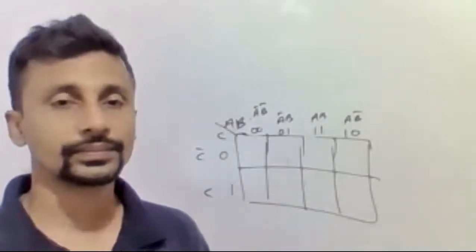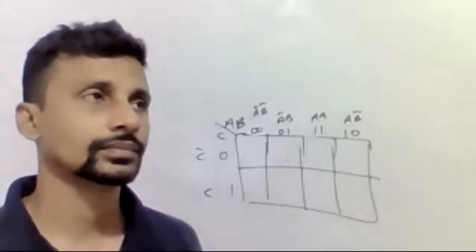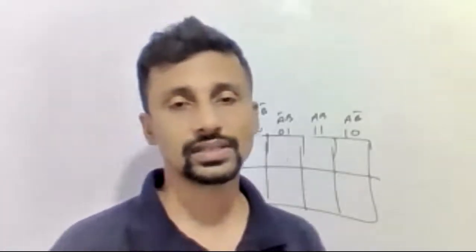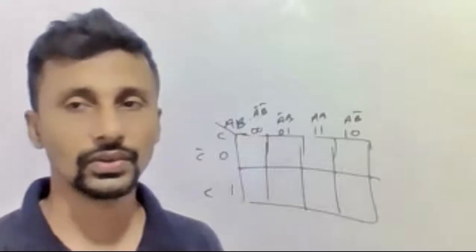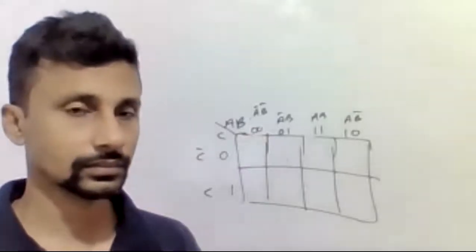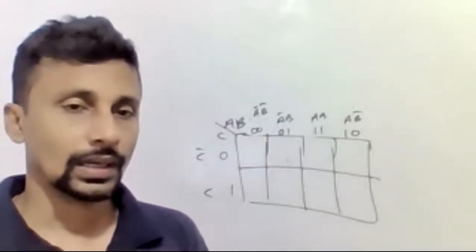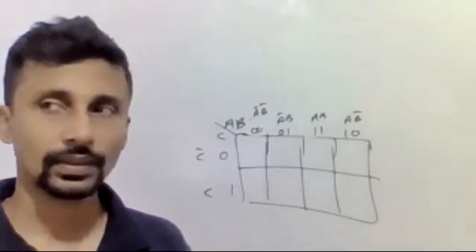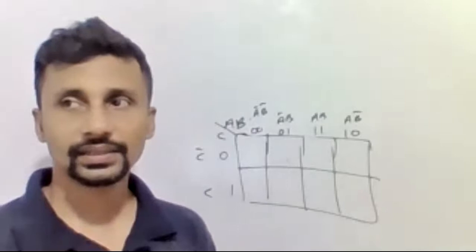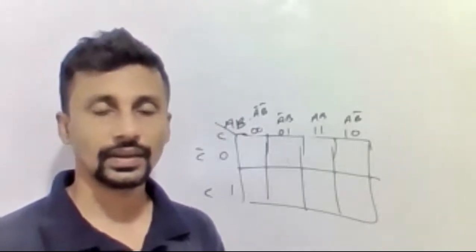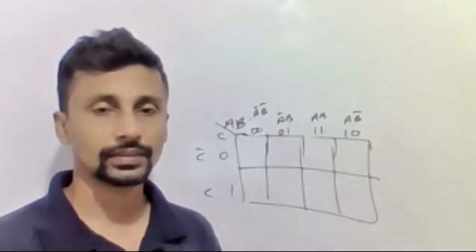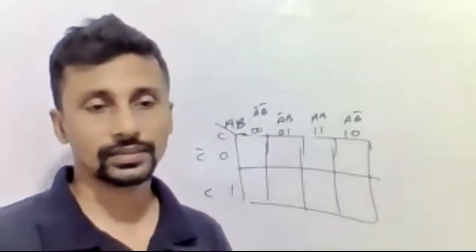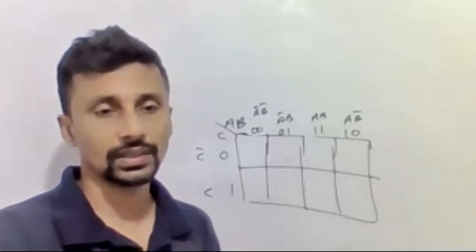Instead of ones and zeros, you can give relevant letters as follows. Take this down.